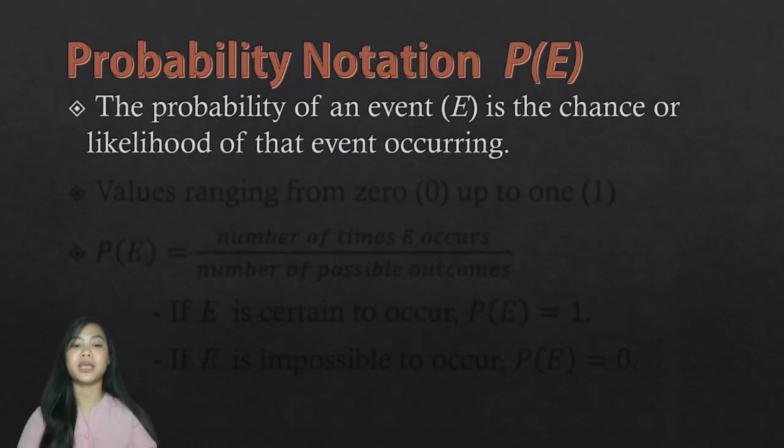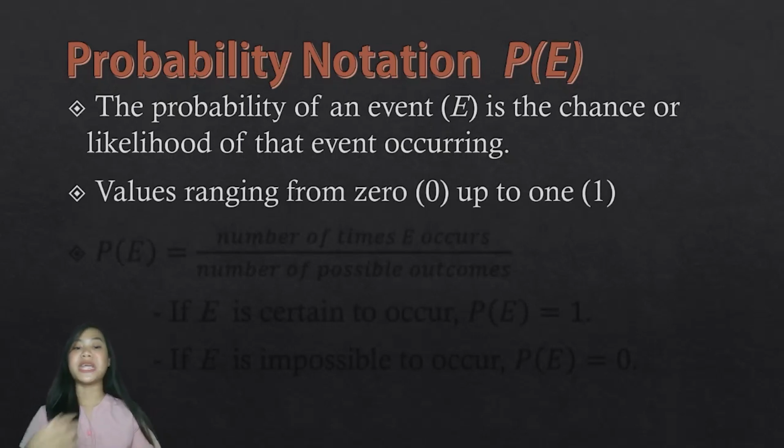The probability values range from 0 up to 1. So the value of the probability will not exceed 1 or be a negative value.